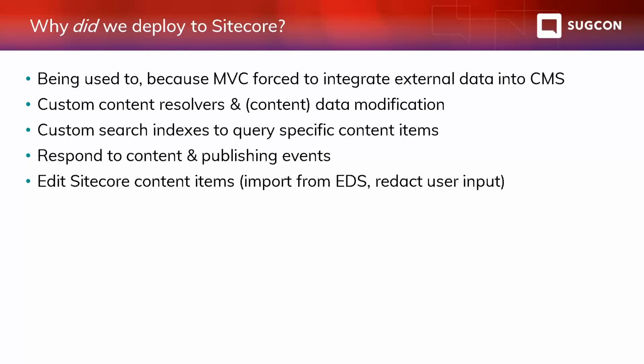For example, pulling in data from external data sources, like the product data or booking data or account data in a portal situation, but also maybe to redact user input, like if a user doesn't follow a certain name convention, we are going to change the name of an item, or in case of news articles, we maybe have a hierarchy with folders in the CMS that have a date field, and we just move over the content when a user creates it.